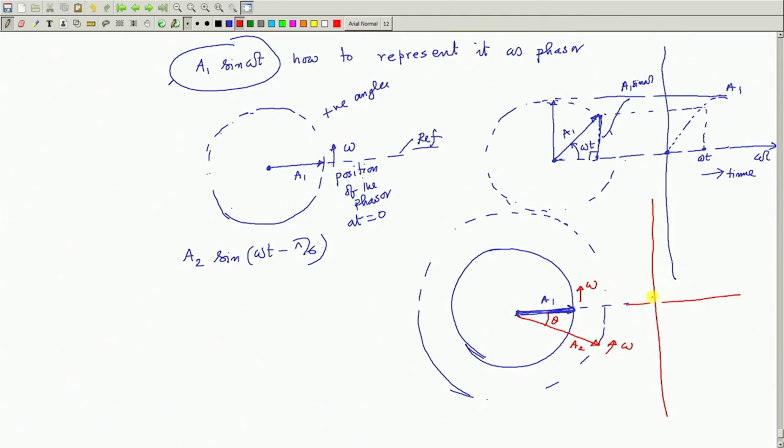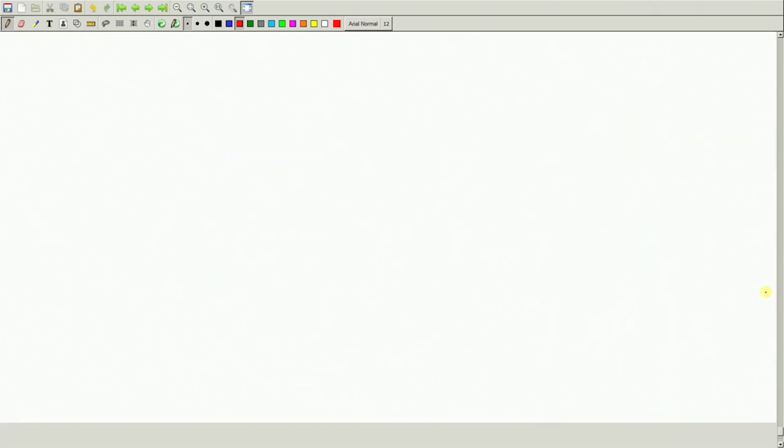It will give you a sine wave like this for this voltage, with amplitude A1, and for this quantity it is lagging this by theta. So, whatever is happening to A1 now, after theta it will happen there. Similarly, the projection at omega t equal to 0 is not 0, it is something negative here, but for this one the projection is 0.